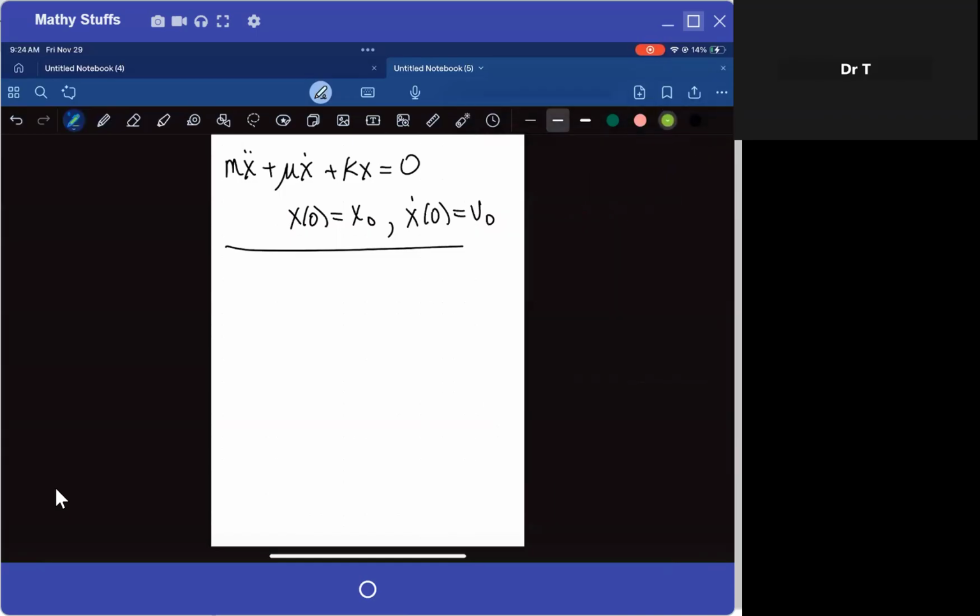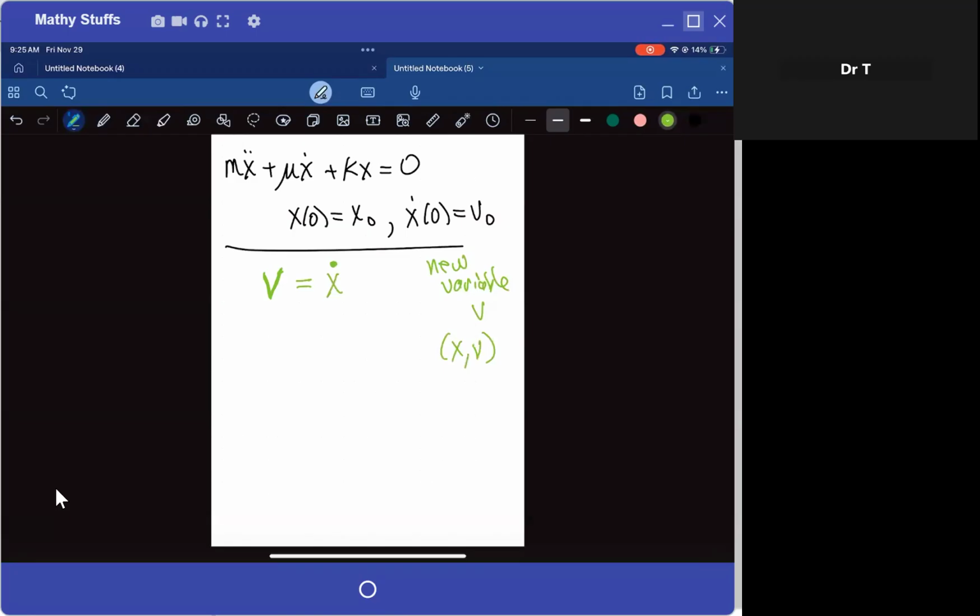The key here is that we know that the velocity, which is going to be my new variable v, is equal to the first derivative of x. So again, I'm introducing a new variable, v. And I've got now a system in two variables, x and v, position and velocity.